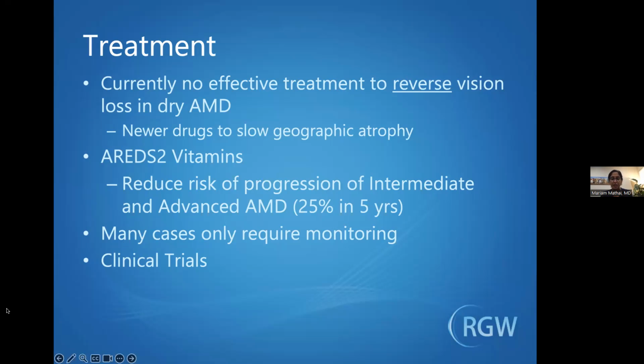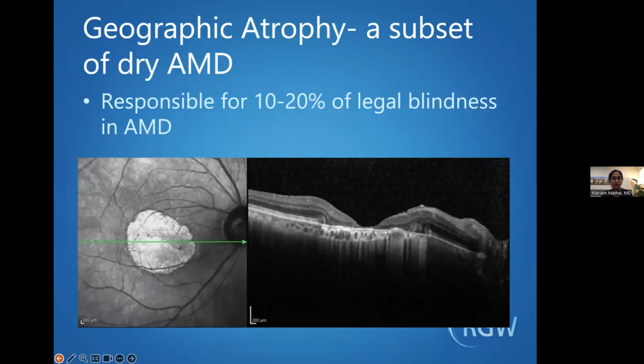Now, there is a subset of age-related dry macular degeneration called geographic atrophy. This is when those areas of drusen, those lumpy, bumpy areas, kind of merge together and become a big scar. This is responsible for about 1/5 of the blindness from macular degeneration.